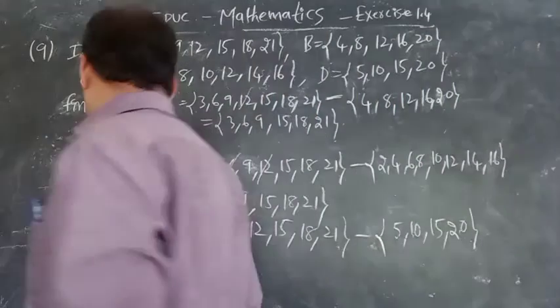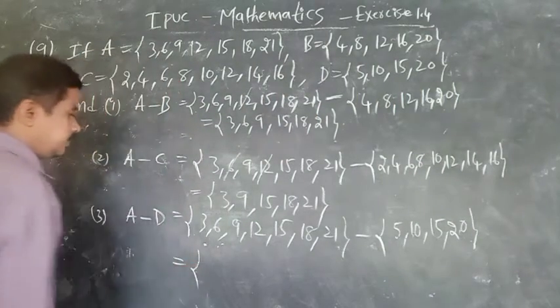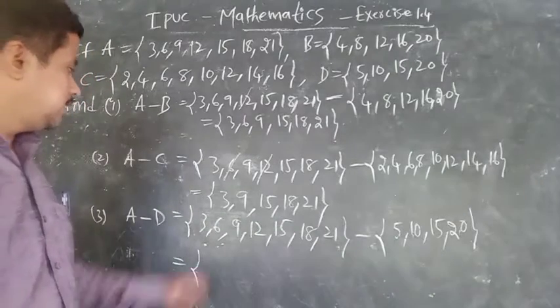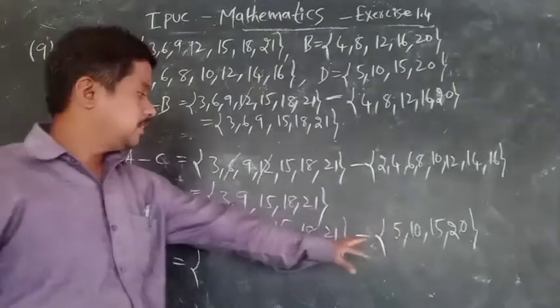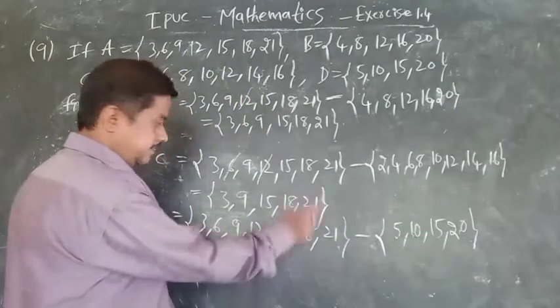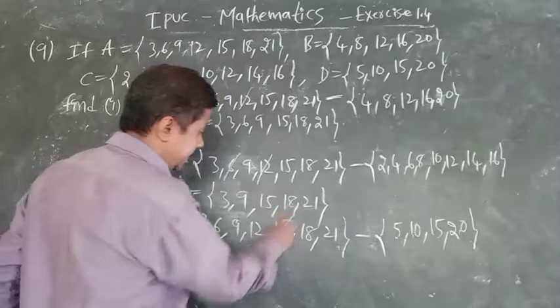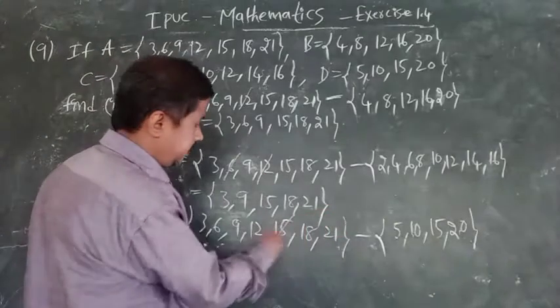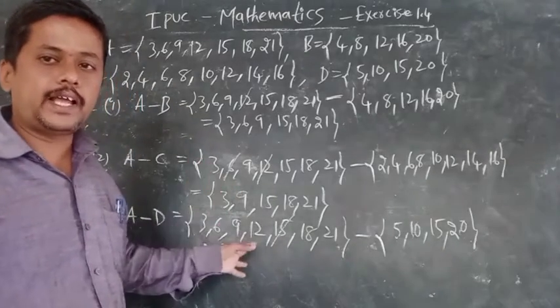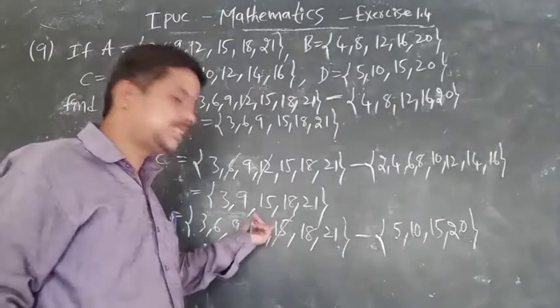Okay, next. So here, what is there means? See, first set minus second set. 5 is not there, 10 is not there, 15 is there. Cancel. 20 not there. So cancellation is over. After cancellation, have to write the first set.